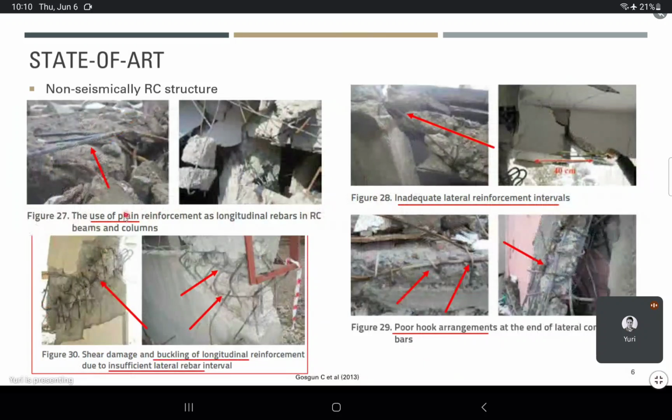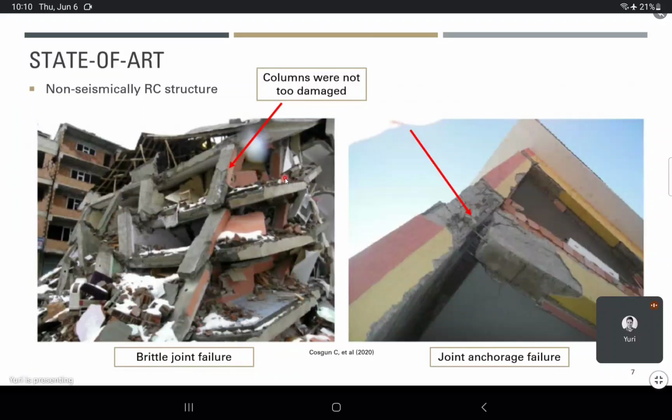Other examples here: use of plain bars, also not enough stirrups in the region of connections, and also in columns. We have inadequate lateral reinforcement, poor arrangement and poor confinement of longitudinal rebars. This is the main problem that we are talking about.